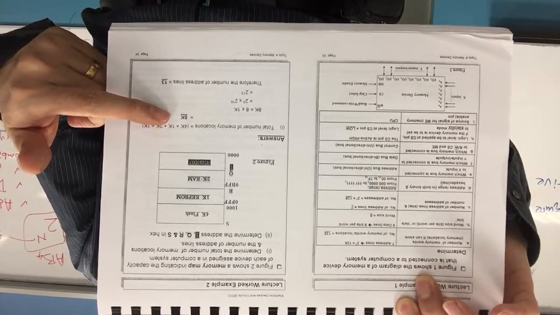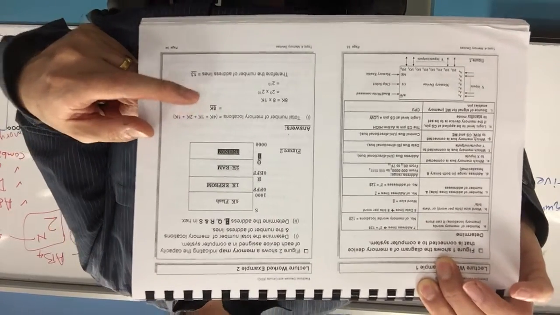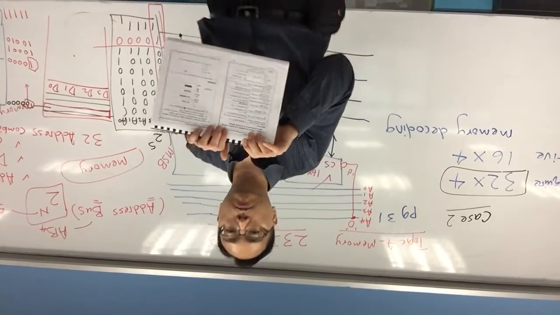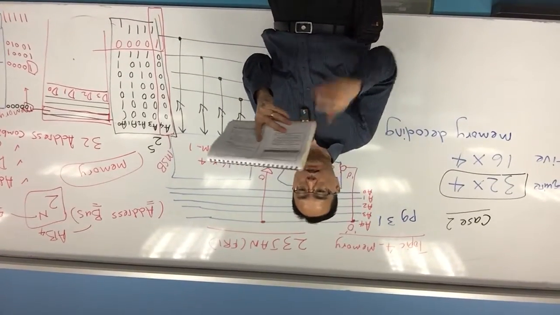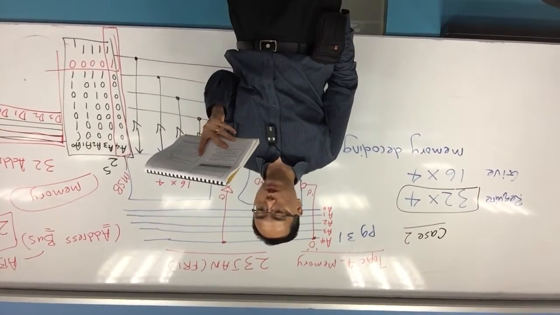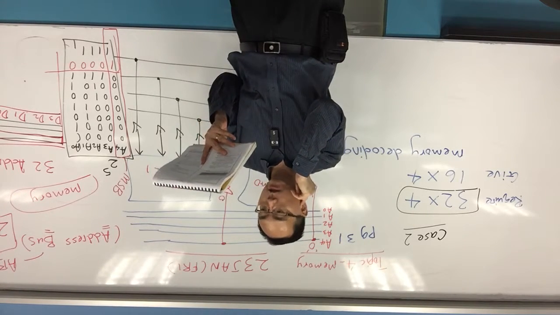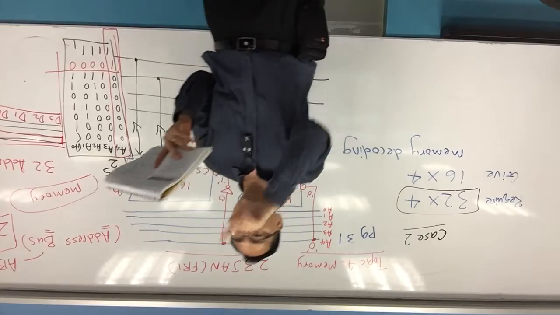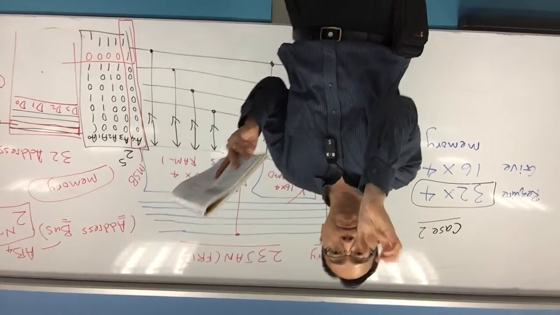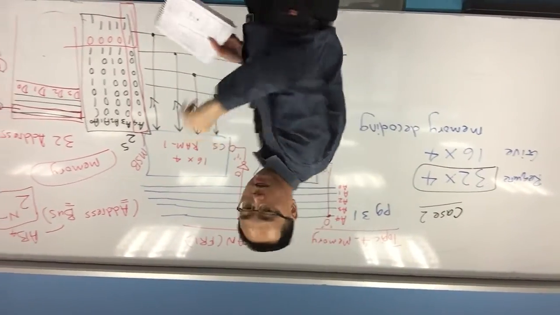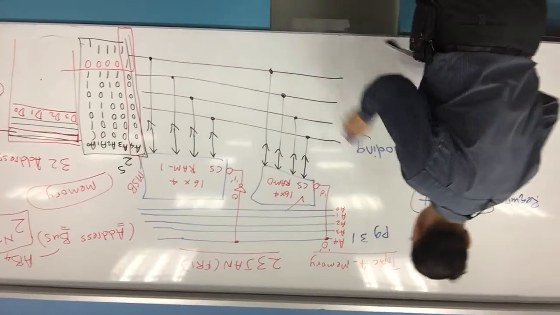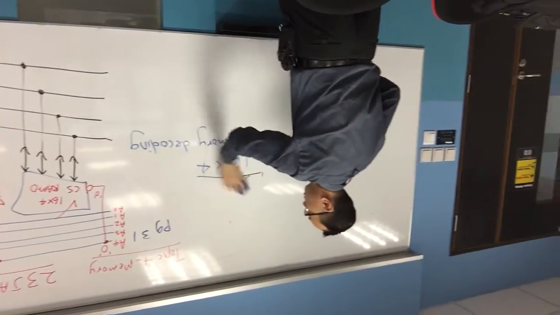You just sum up the memory: 4K plus 1K plus 2K plus 1K, total 8K of memory. Now for 8K, can we break it up further? Can, right?